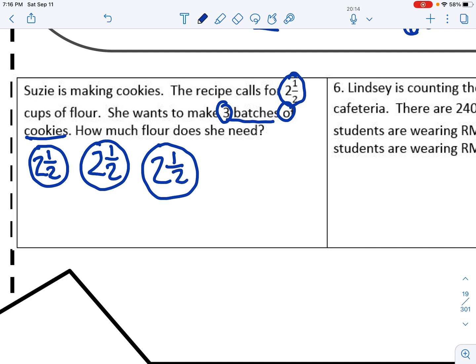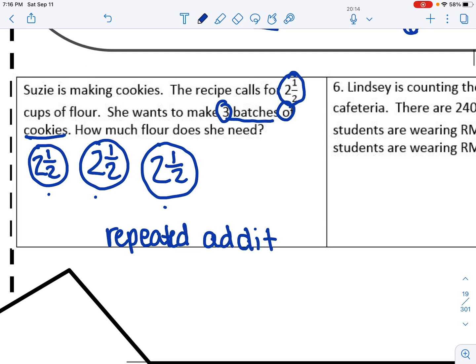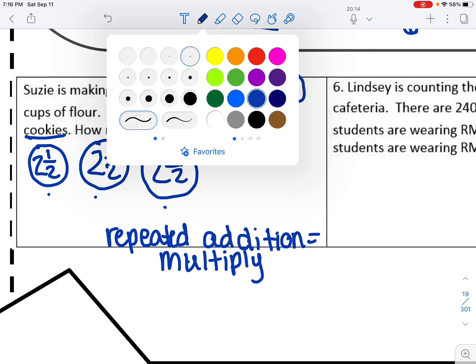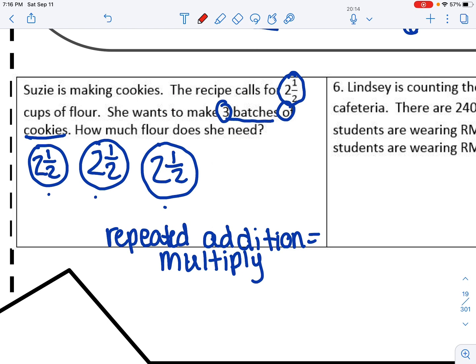Okay, so here we go. Now, if I see that I'm going to have repeated addition, that means I am going to also multiply. So down here you can write repeated addition equals multiply. So this means I'm going to change them to improper fractions.